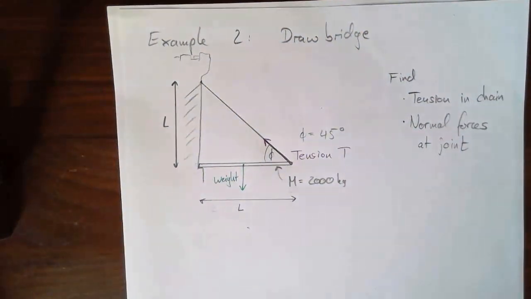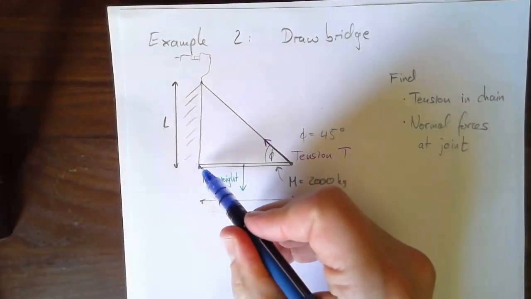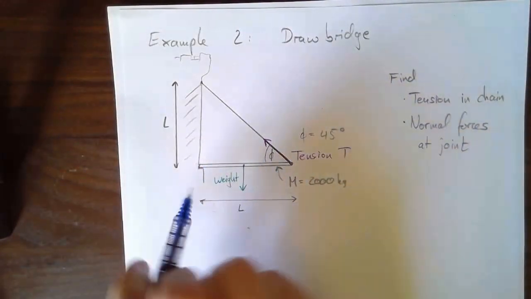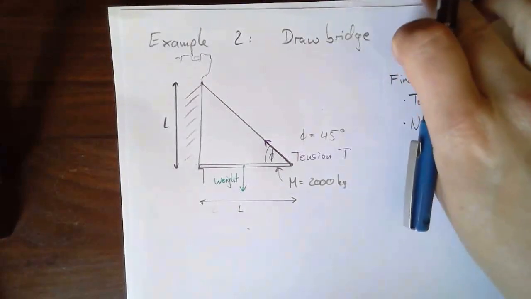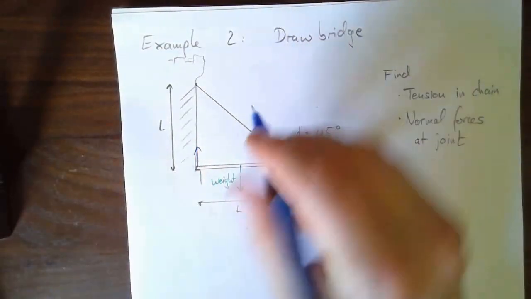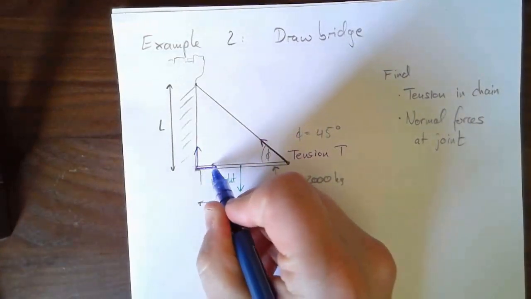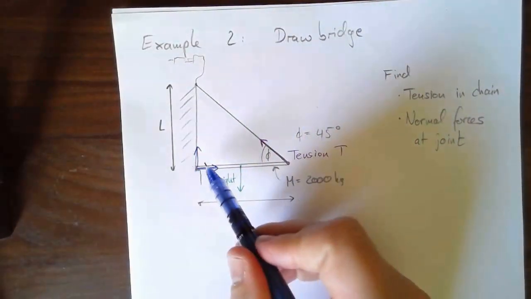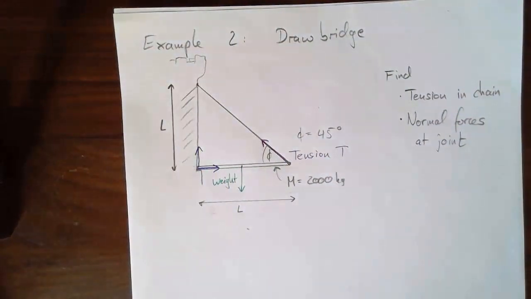So there's a normal force here. We can think of this as maybe one normal force, sort of diagonal this way, or we can think of it as two normal forces, one like this, and one like this. They don't have to be equal, we don't know that.